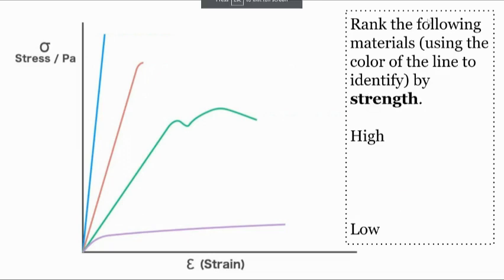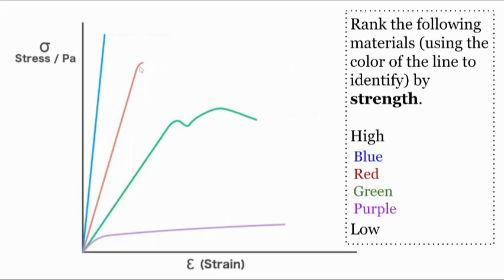All right, let's rank the following materials using the color of line to identify them by their strength. Hopefully you said that the one with the highest strength based on the amplitude on the y-axis was the blue material, then the red material, then the green material, we'd be measuring from the highest point right here, and finally the purple material.